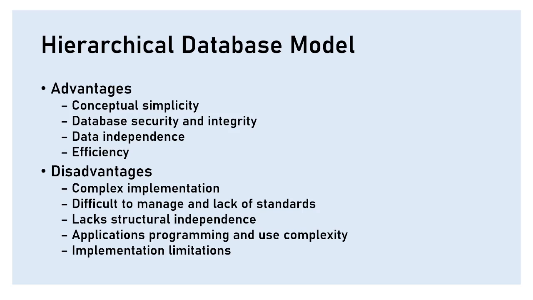Now, we have different database models, right? Each database model has its own advantages and its own disadvantages. The advantage is conceptual simplicity: it's easier to grasp what is going on.